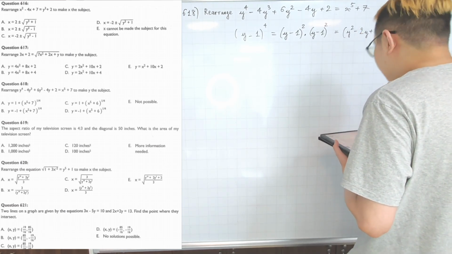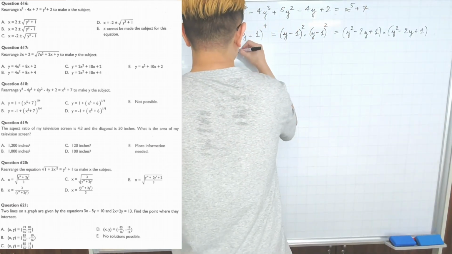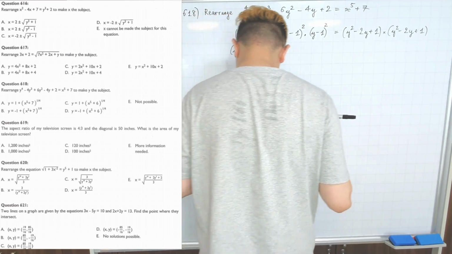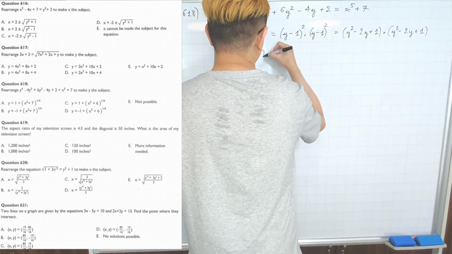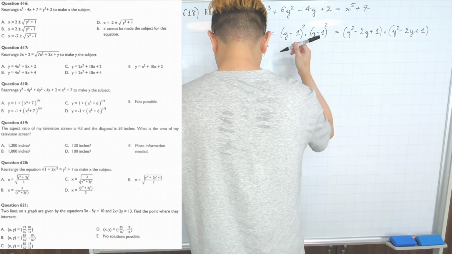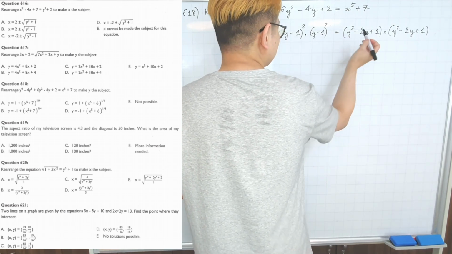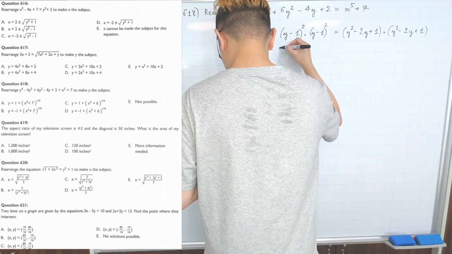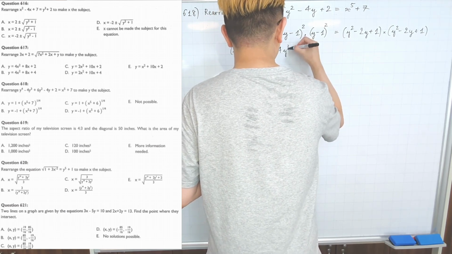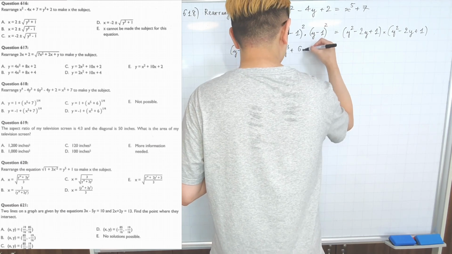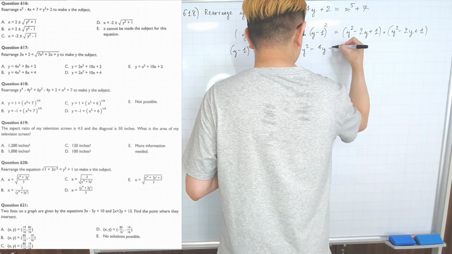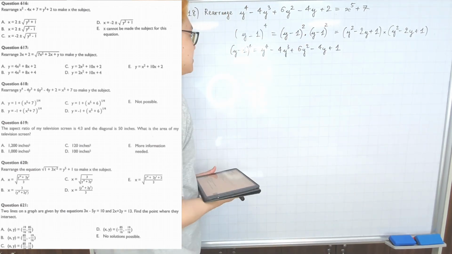And then you multiply it together, you should get y minus 1 to the 4 equal to, nhân nó vô, y4 minus 4y3 plus 6y2 minus 4y plus 1.